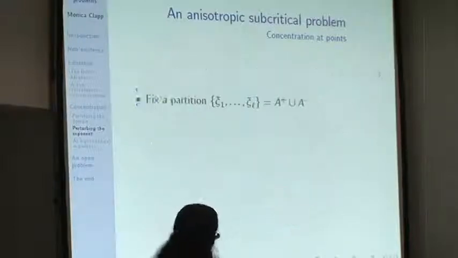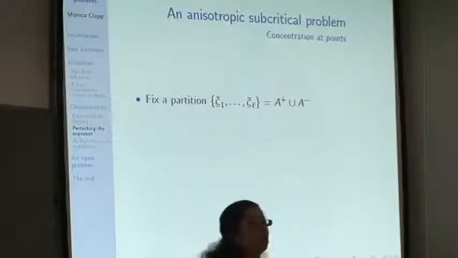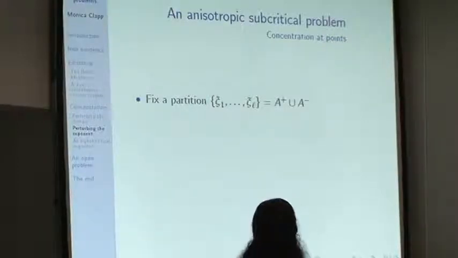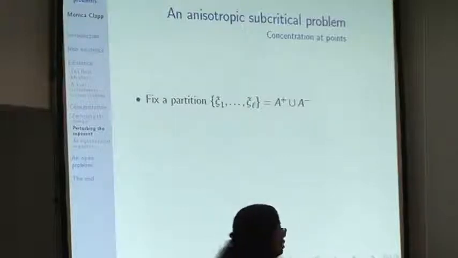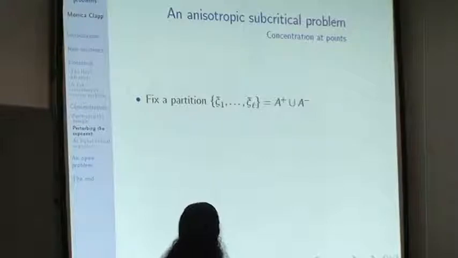Now we can take those points and we split the set however we want. We write it as the disjoint union of two sets in whichever way we want, okay? Then the theorem says the following thing.